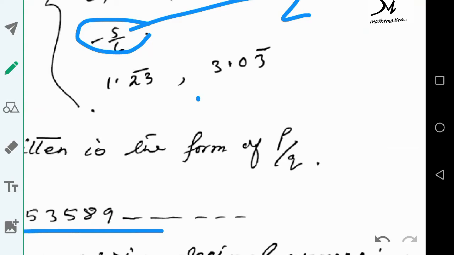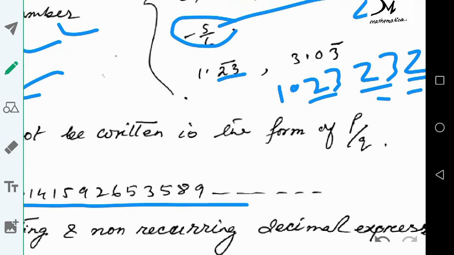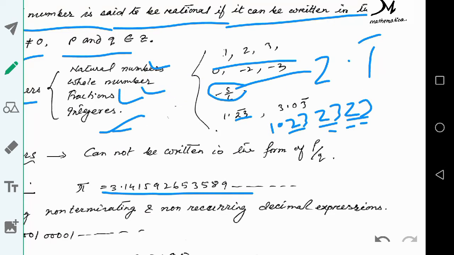Let me give you an example of a repeating number. Suppose 1.23 recurring, here 23 recurring means 1.232323. So here you see, the same block of numbers is repeating. Here it is non-terminating but recurring.